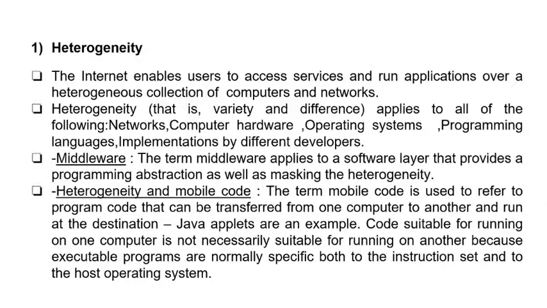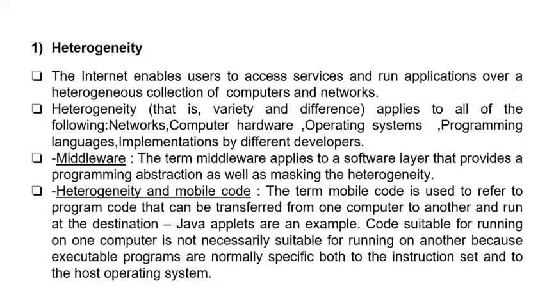Heterogeneity applies to all of the following: networks, computer hardware, operating systems, programming languages, or implementation by different developers. Each system may differ in all these aspects, so heterogeneity can be an issue while connecting systems together.